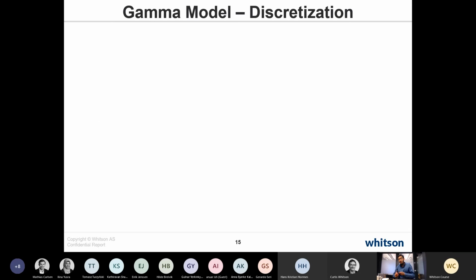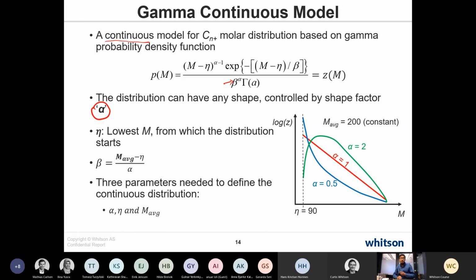Okay, so now we will discuss something that was not mentioned before, and it's because we now see that the gamma model is a continuous model, right? If you have these 3 parameters, alpha, eta, and the average molecular weight, you get this continuous distribution of the component amounts versus molecular weight. But we never use the gamma distribution model in its continuous form.